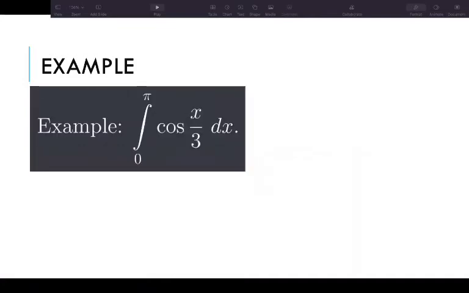Like this one. So from 0 to pi, we evaluate the definite integral of cosine quantity x over 3 with respect to x.